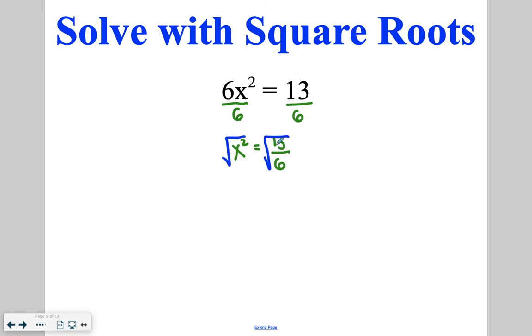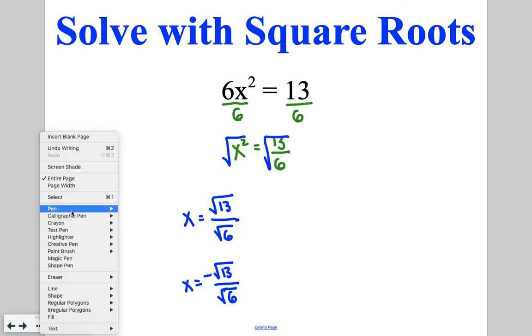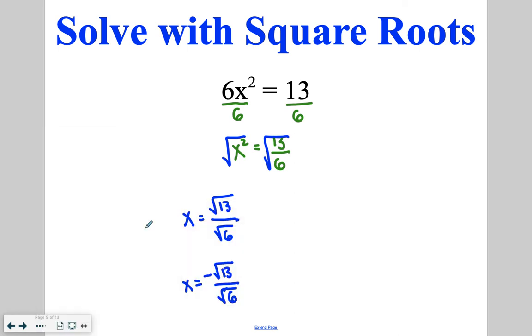And when you do that, obviously you can't take the square root of that, so I'm going to get x is equal to, remember when you have fractions, you can split it up as square root of 13 over square root of 6, and then you have that negative version, so negative square root of 13 over square root of 6. One thing we learned in those 9-3 videos is that you cannot have a square root on the bottom.